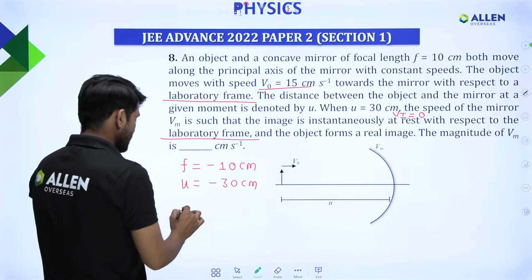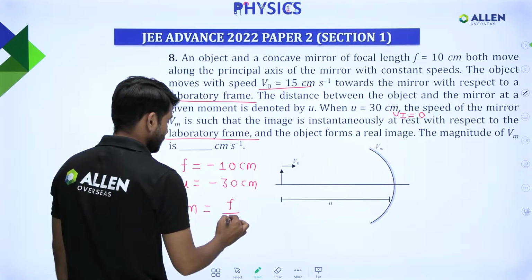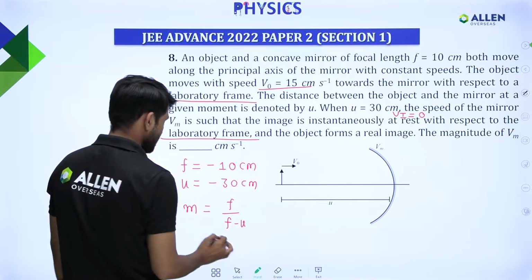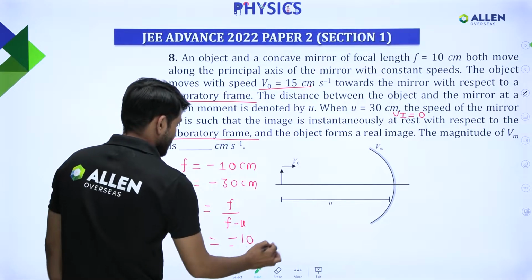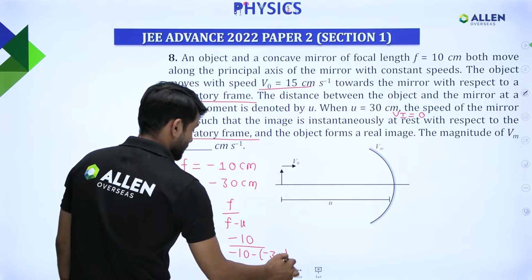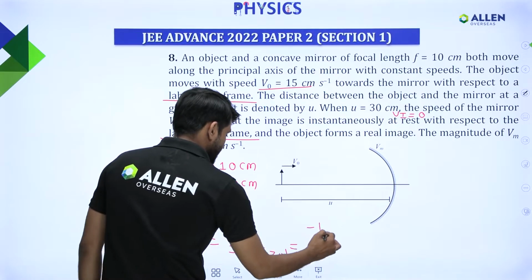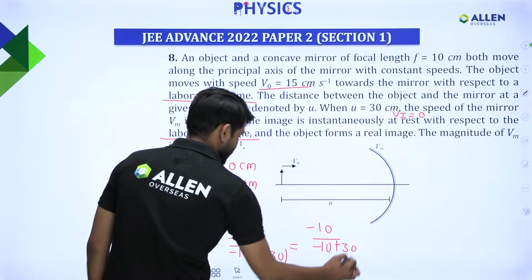So first find magnification. We know that magnification is f upon f minus u, right? So f is minus 10, minus u is minus 30, is equal to minus 10 divided by minus 10 plus 30, right?